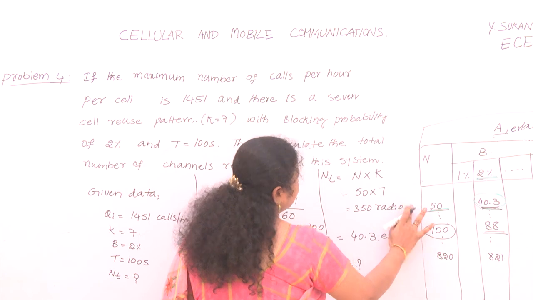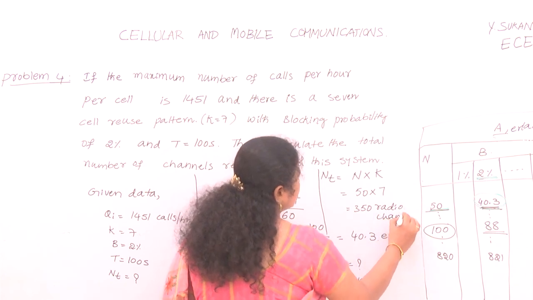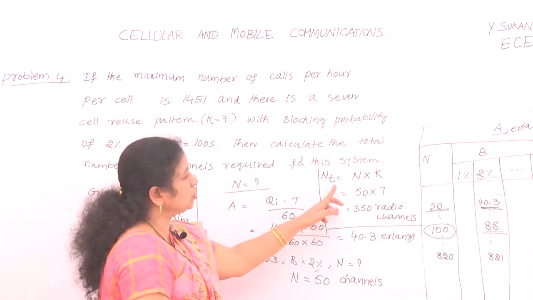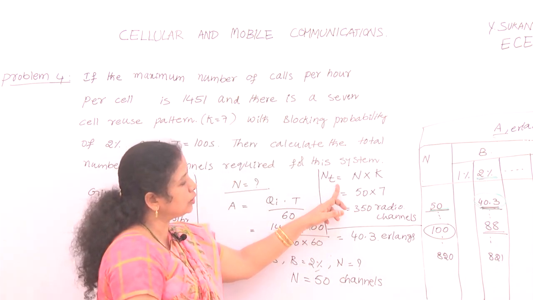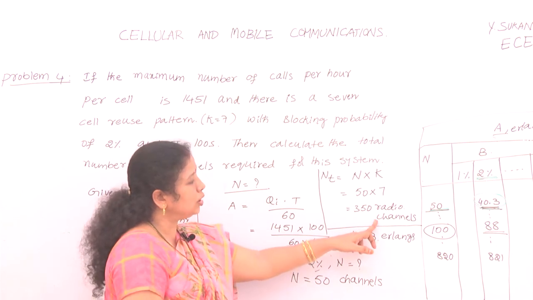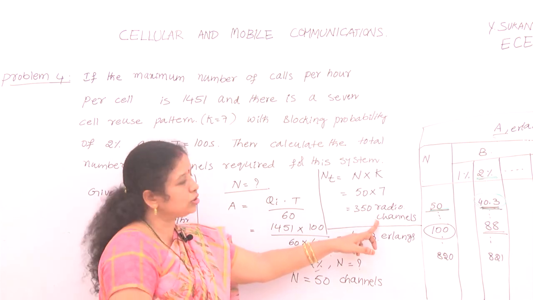So the total number of channels required for the entire system is about 350 radio channels.